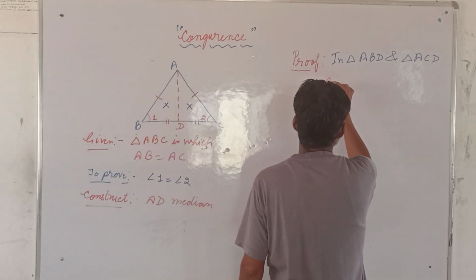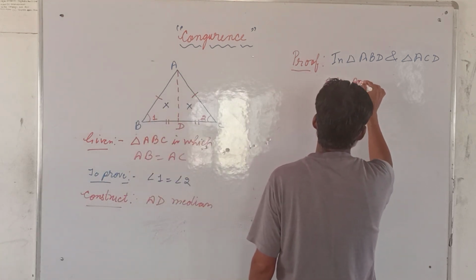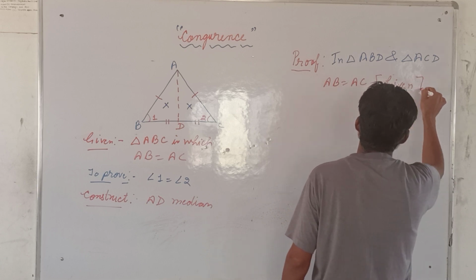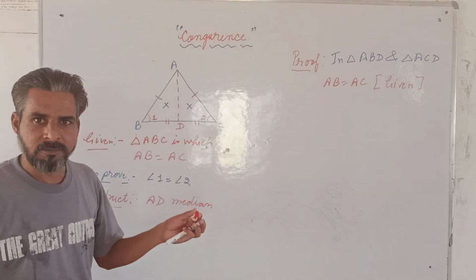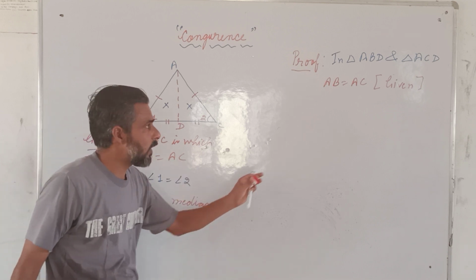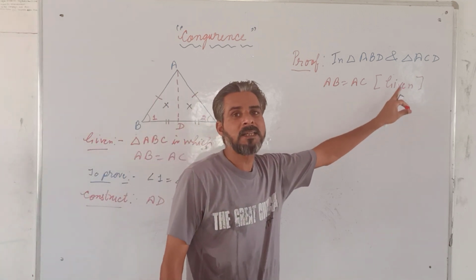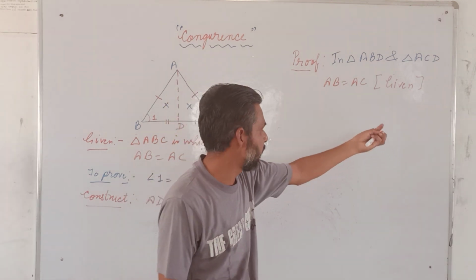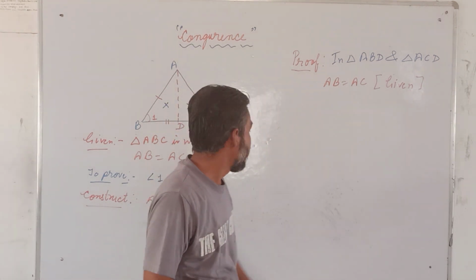AB is equal to AC. Why? It is given. Whenever we write anything, we are supposed to supply the reason for that. Why we have written this, we have to state there. As I have written here in the bracket, it is given.